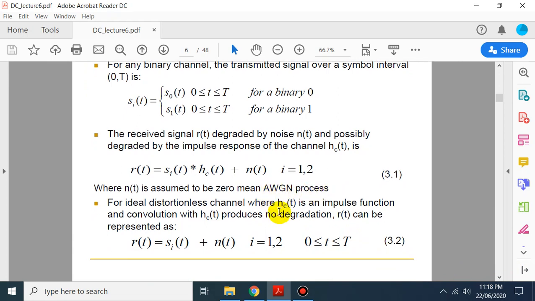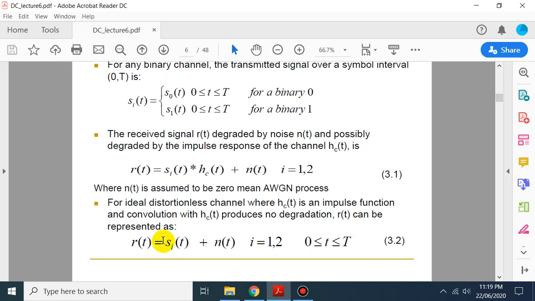Okay. Now, for an ideal distortionless channel, h_c(t) is an impulse function, and convolution with h_c(t) produces no degradation as far as distortion is concerned. For example, if we are considering an ideal distortionless channel, then h_c(t) is an impulse function and convolution with h_c(t) produces no degradation, so r(t) can be represented like this.